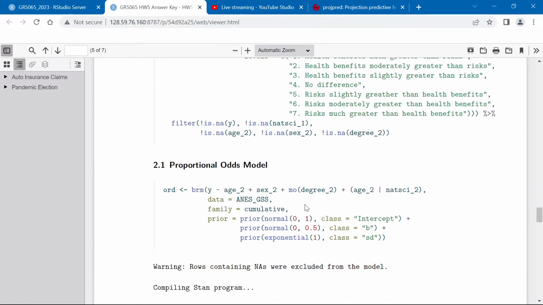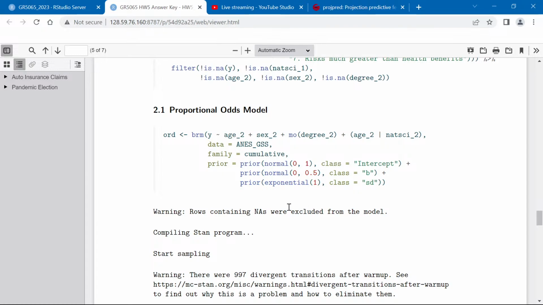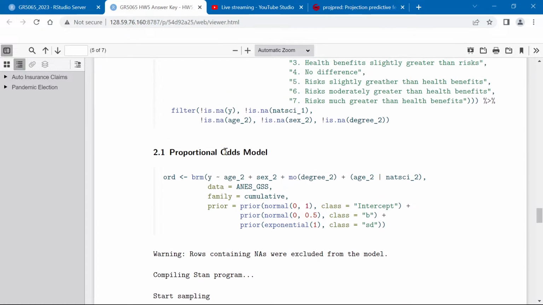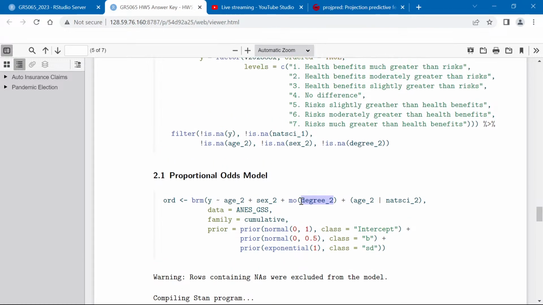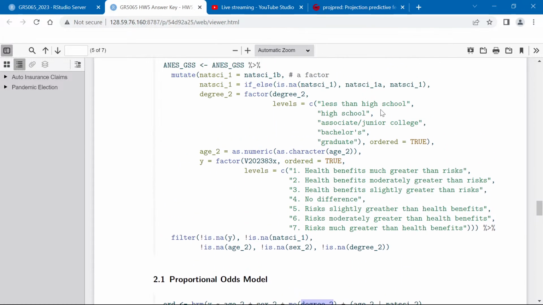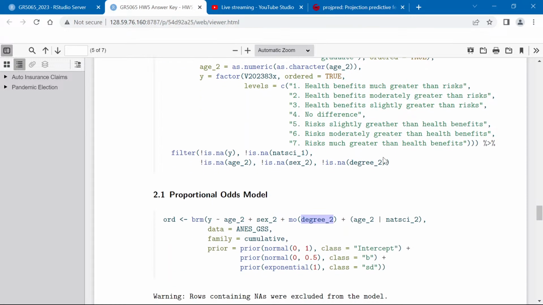Really good. And then we could use brms to estimate a model like that, saying that there should be a monotonic relationship between the degree: less than high school, associate degree, bachelor's degree, graduate degree.